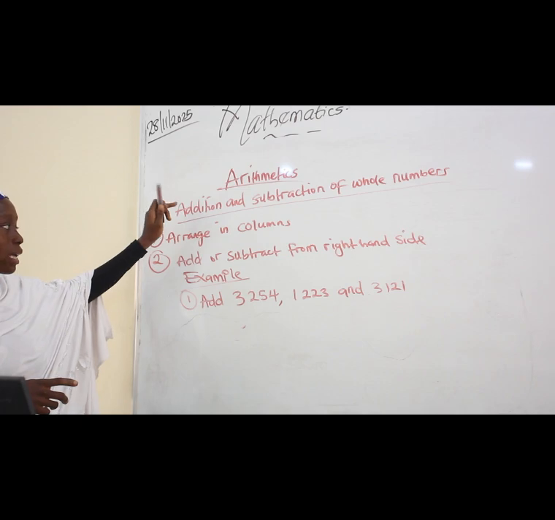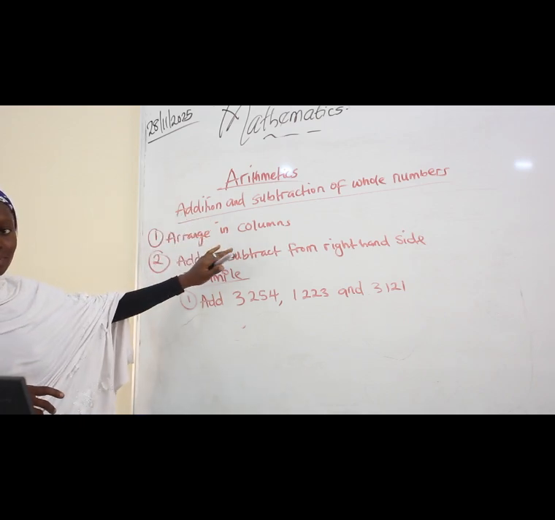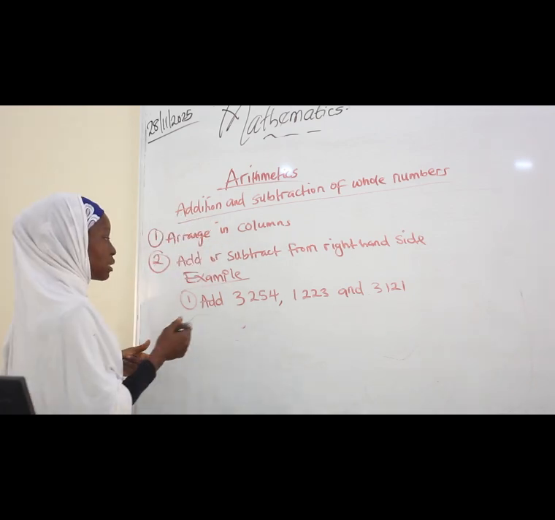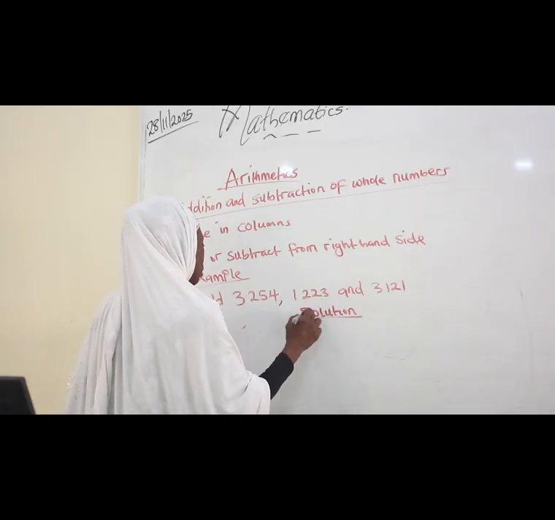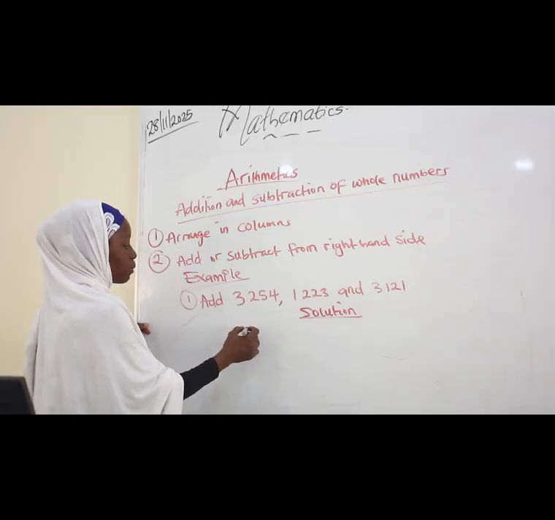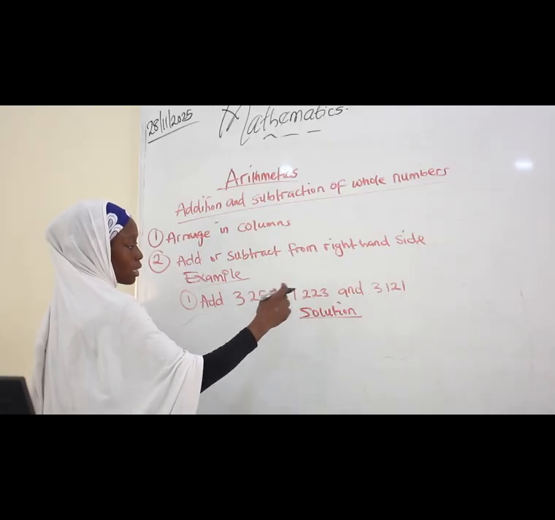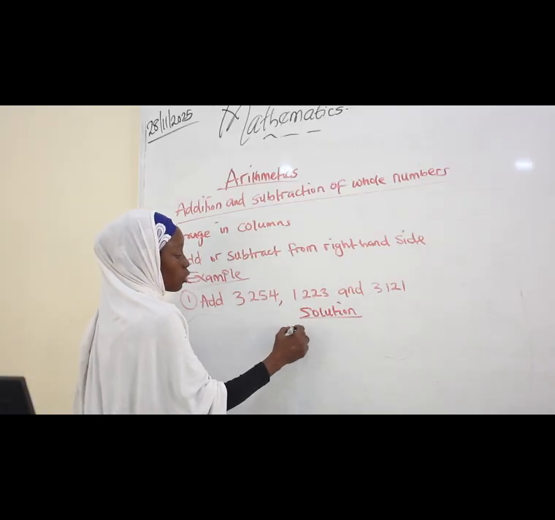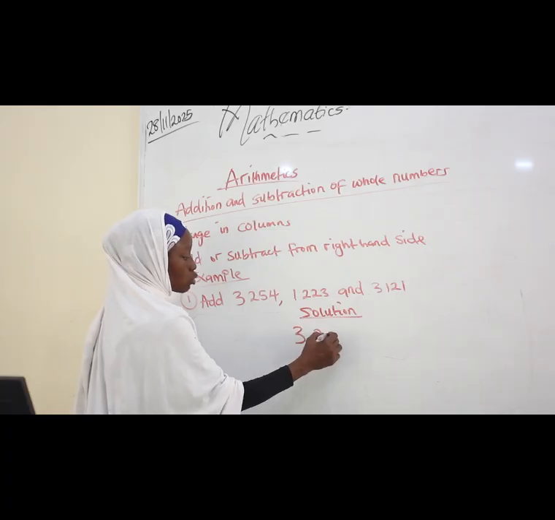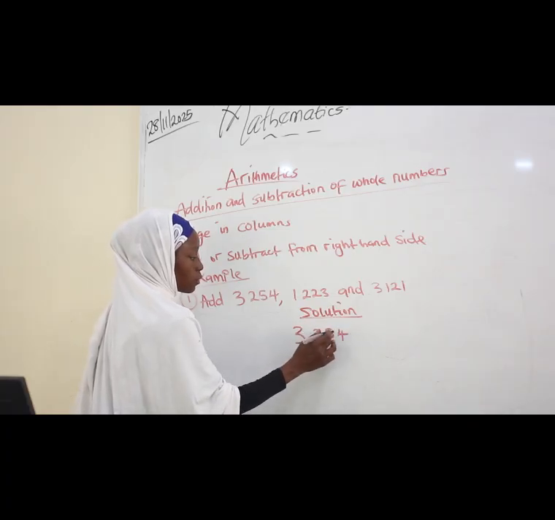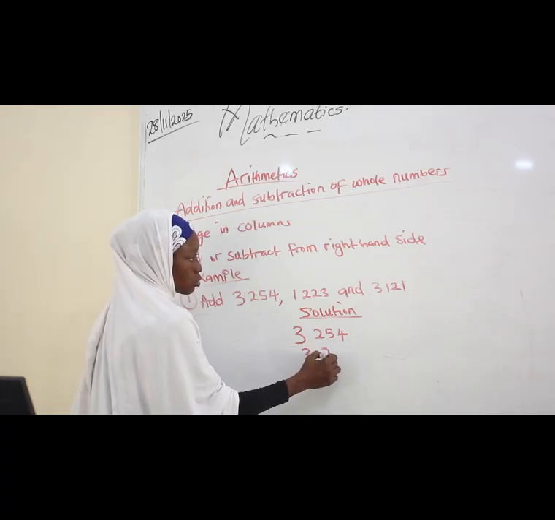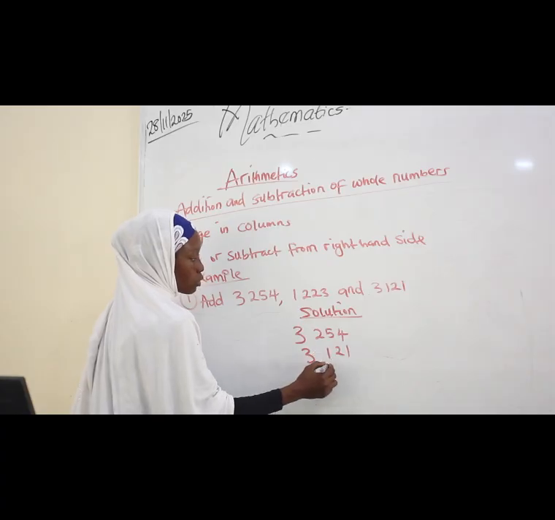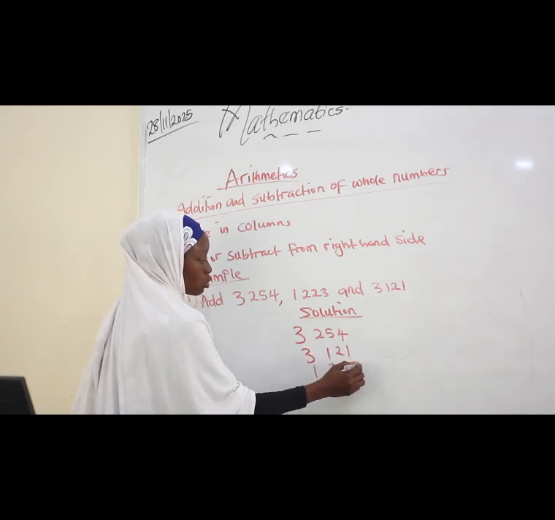So now we have to follow the steps in adding or subtracting whole numbers. So the solution, the first step is what? To arrange the numbers in column. We have 3,254, we have 3,121, and then 1,223.